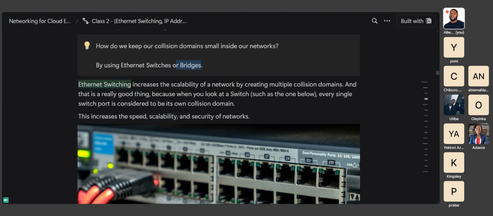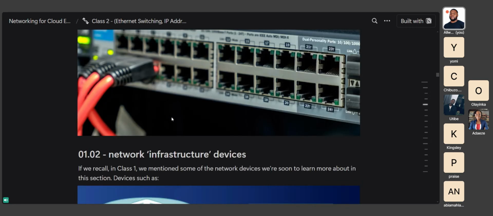Now, the whole idea of Ethernet switching, the concept behind it, I hope is now beginning to make sense. It's beginning to click. That was the reason why we had to go through the entire background to get here. Ethernet switching increases the scalability of a network by creating multiple collision domains. Note this: creating multiple collision domains. And that is a really good thing because when you look at a switch, such as the one below, this is a switch, by the way.